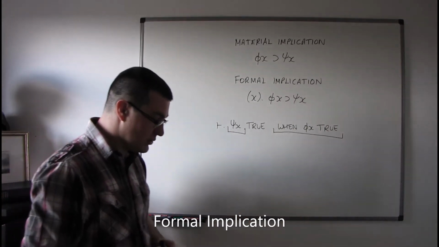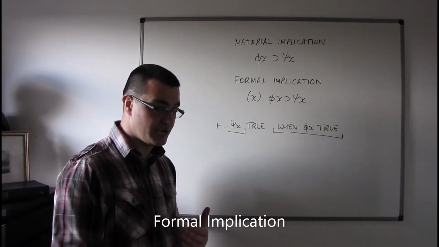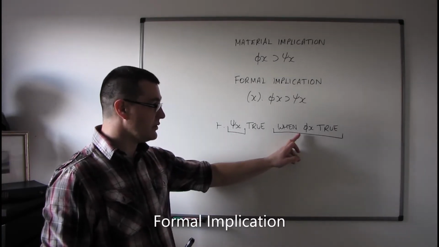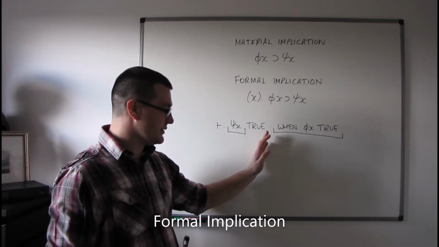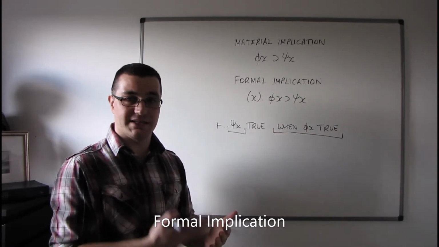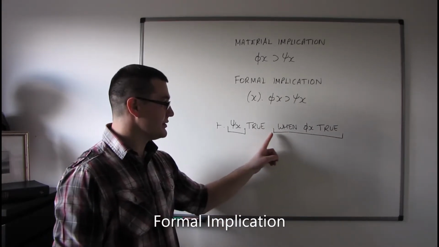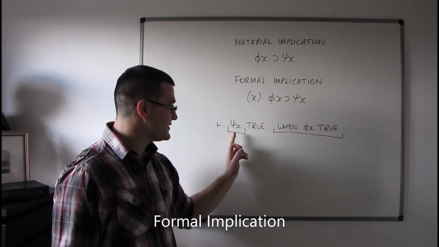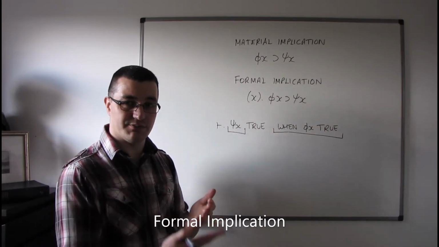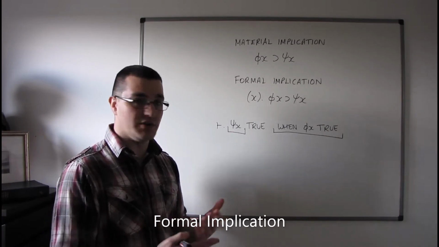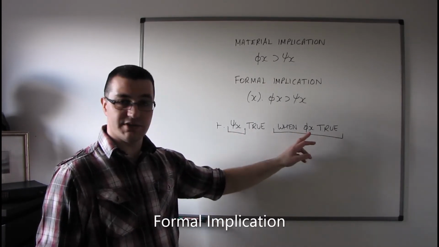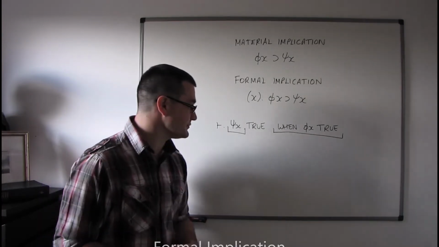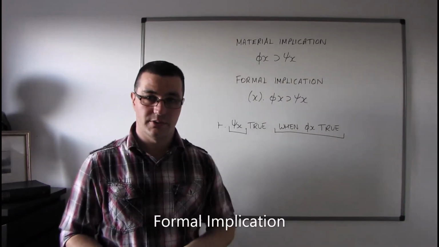Okay, so the way that we do that is we create another function that effectively involves phi x, or the restriction, as part of the function. So here, the when phi x is true is a restriction. It's separate from this function, but now we're going to try to find a way to bring it in to make a new function where psi x and the restriction on psi x are both parts of the function. So we do this in the following way.